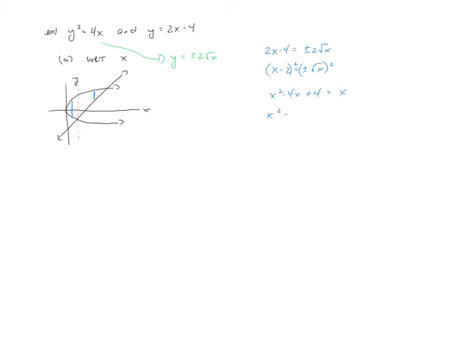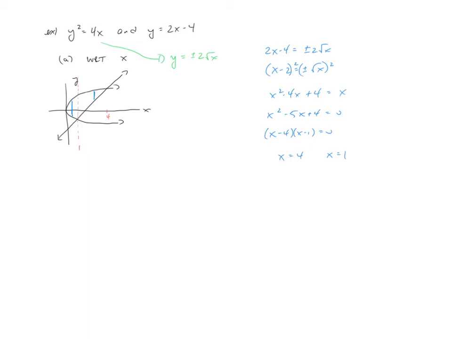Bring that x over. Go ahead, and it looks like it can factor into x minus 4 and x minus 1. And so we'll get a 4 and a 1 for x. And those numbers make pretty good sense. In fact, this point of intersection here looks to be about 1. So that'll be my 1. And then this point of intersection here looks to be about my 4. So this guy here will be 4.